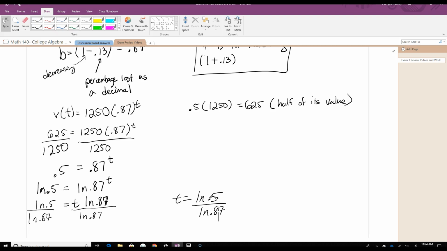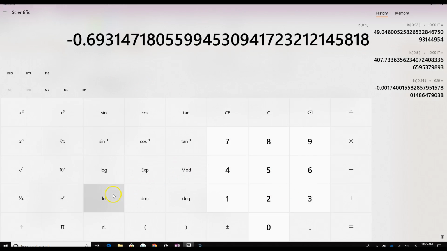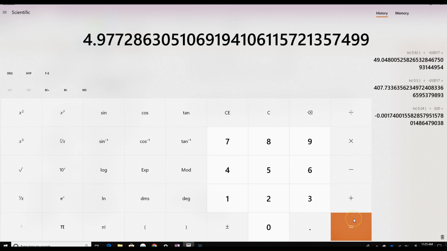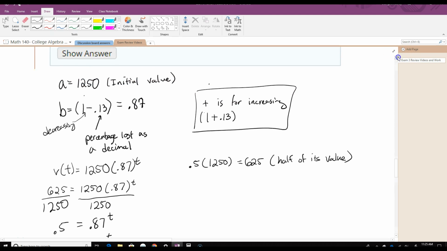I just utilize my handy dandy calculator, and that's 4.977 years.